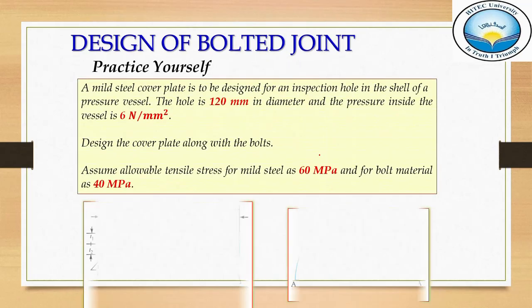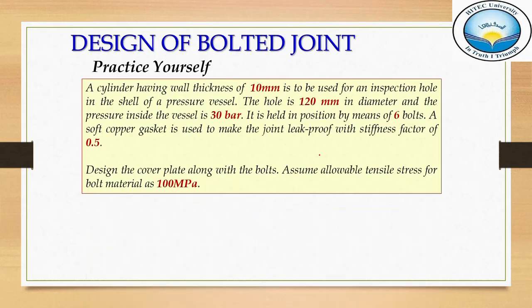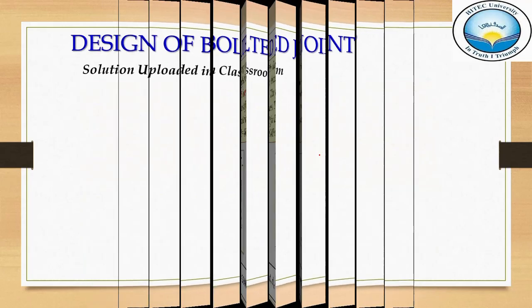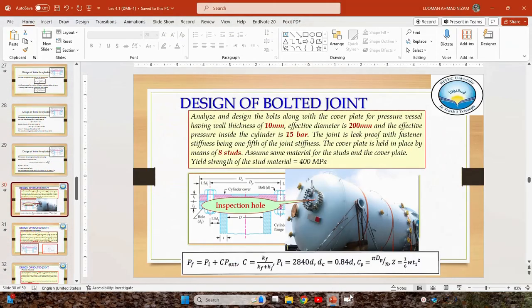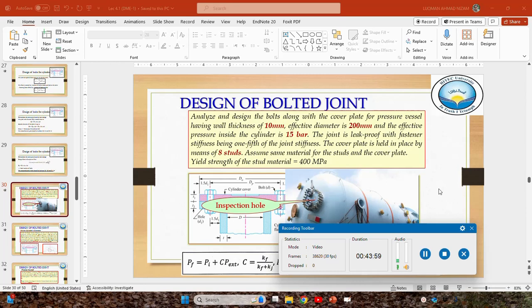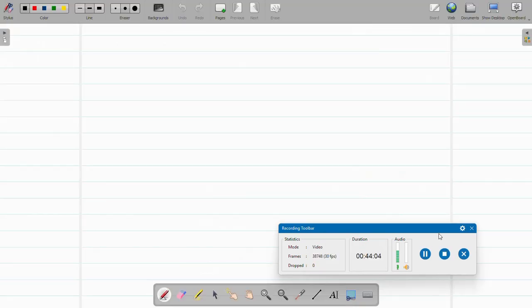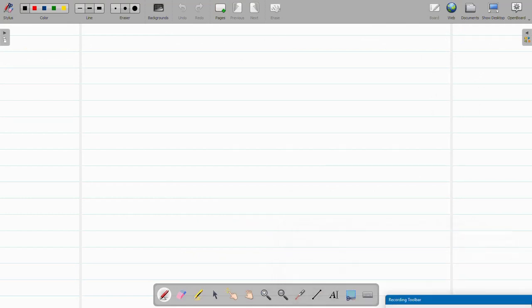These are two problems, and then we have bracket joints. I will just solve one problem, this one. I prefer to use this sheet so I can solve it.